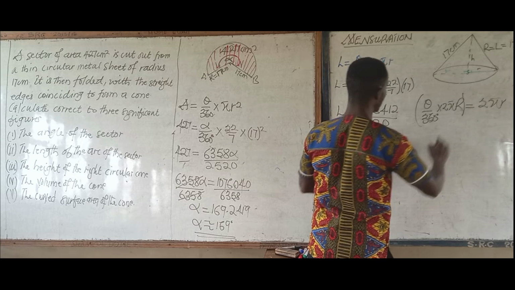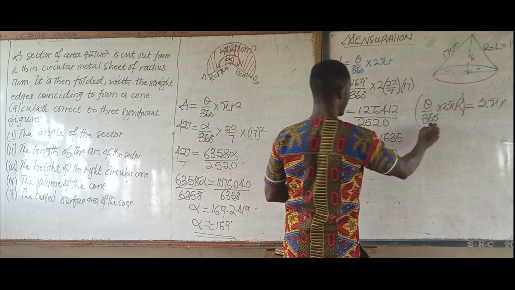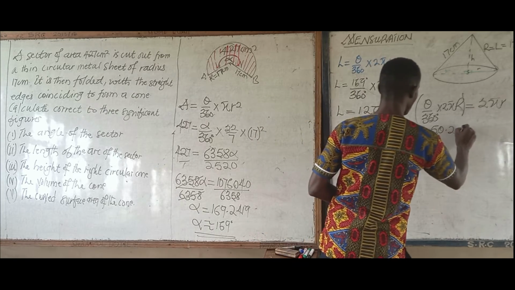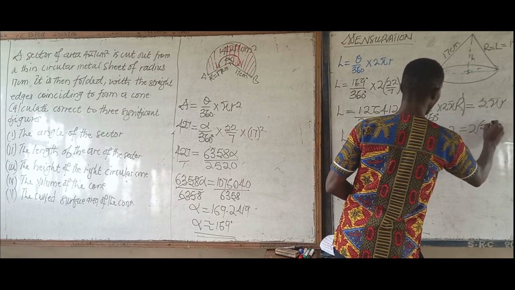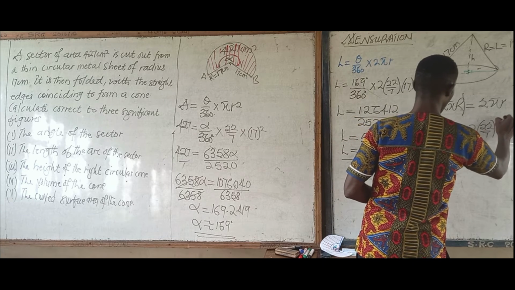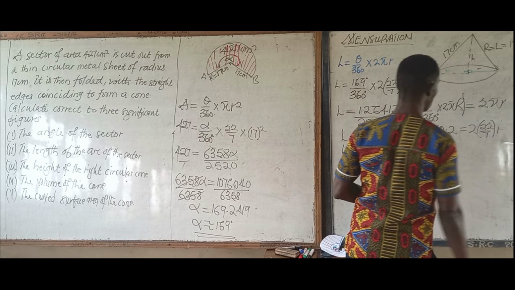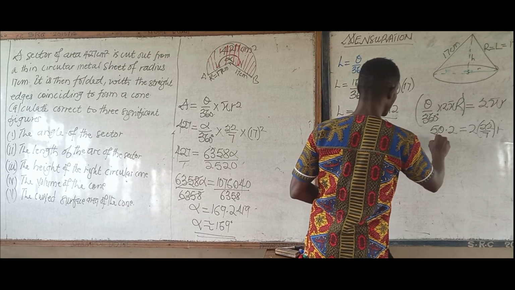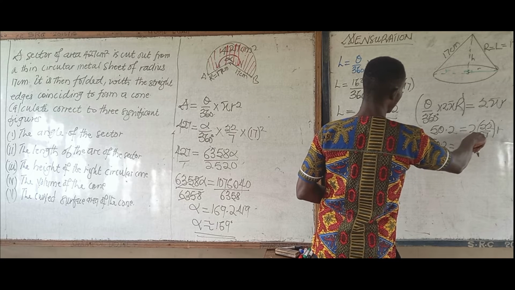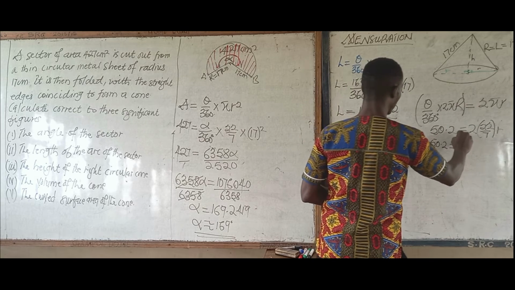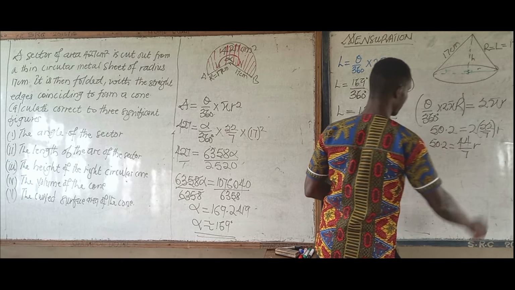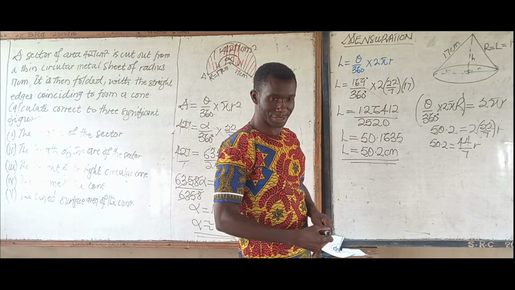This whole thing has been calculated as 50.2, which is equal to 2 times pi, pi is 22 over 7, times r. r is not known. So we shall have 50.2 is equal to 44 over 7 r.